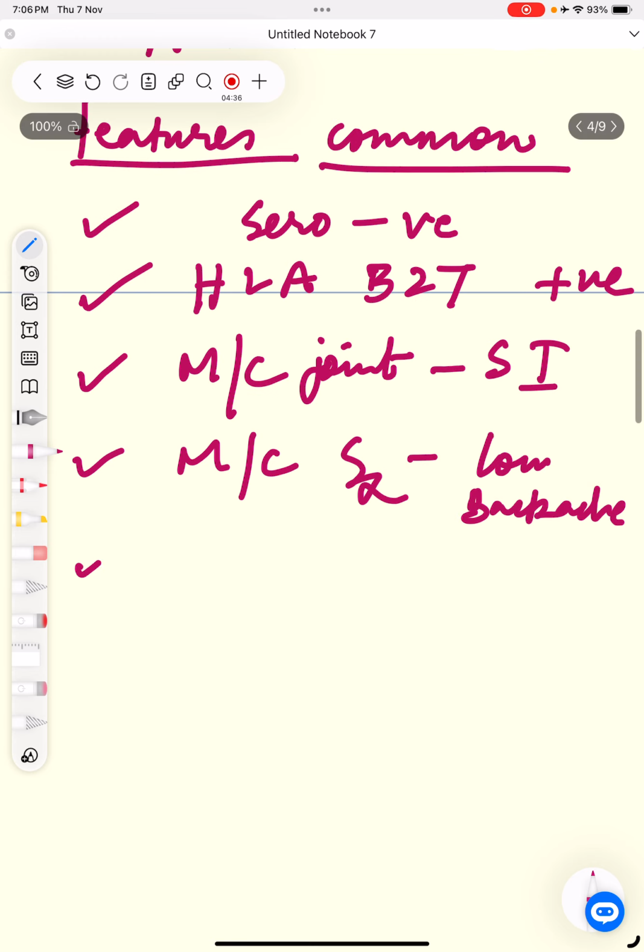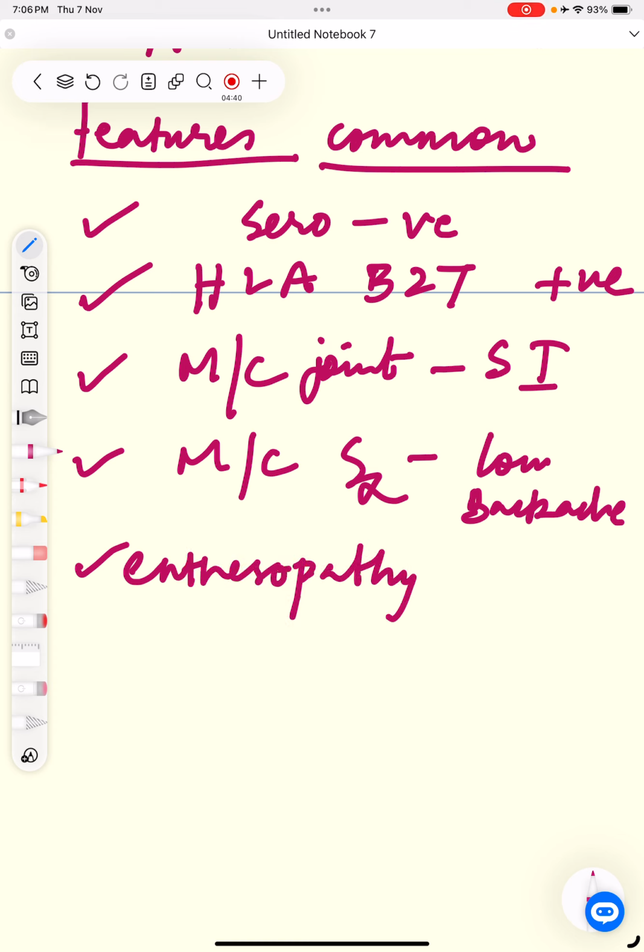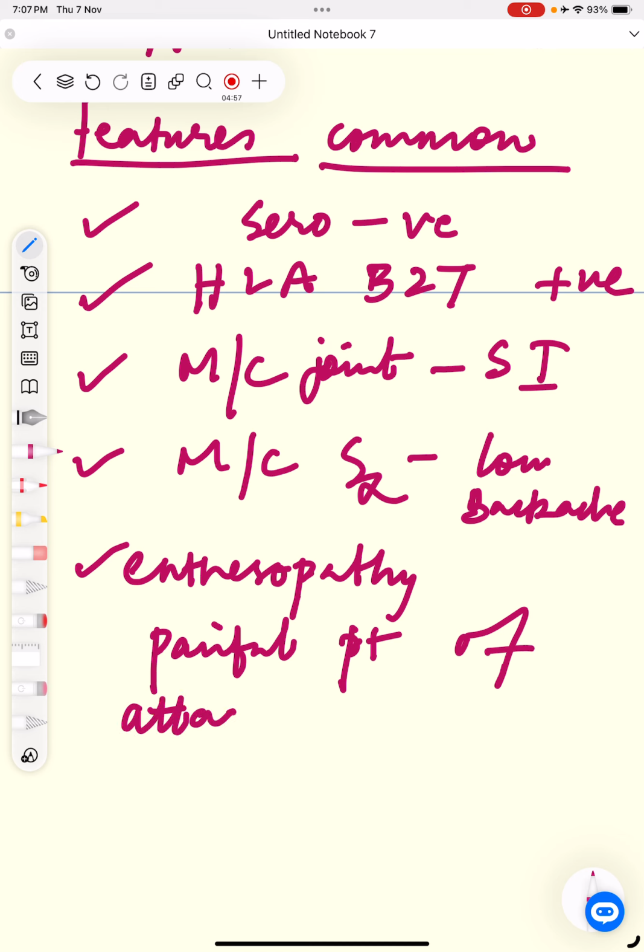And then enthesopathy. What do we mean by that? That there is a painful point of attachment of tendon to bone.